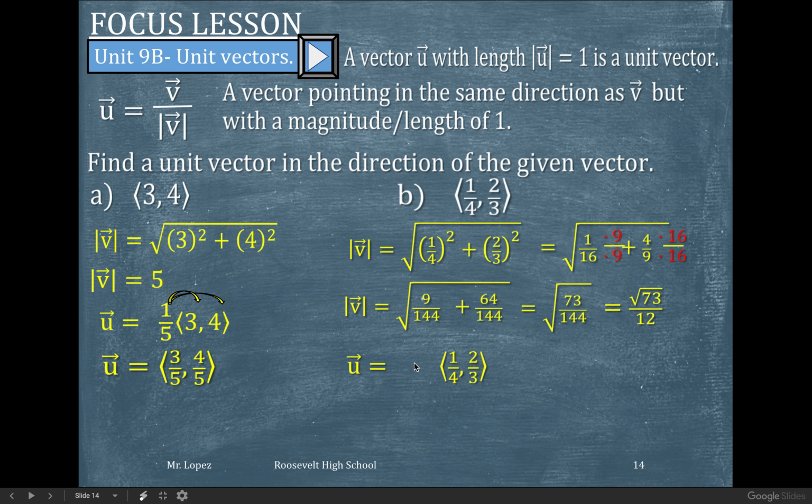Here's where we're going to put 1 over the magnitude of the vector, which is going to be 1 over the square root of 73 over 12. Put the 12 on top. So it's going to be 12 over the square root of 73.